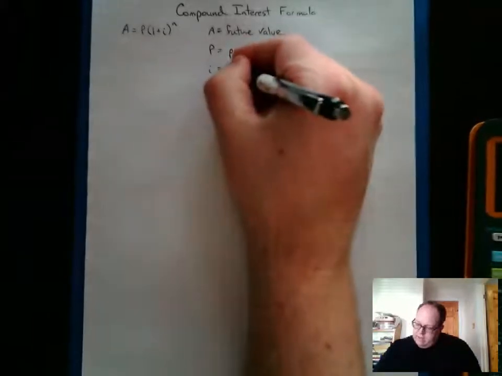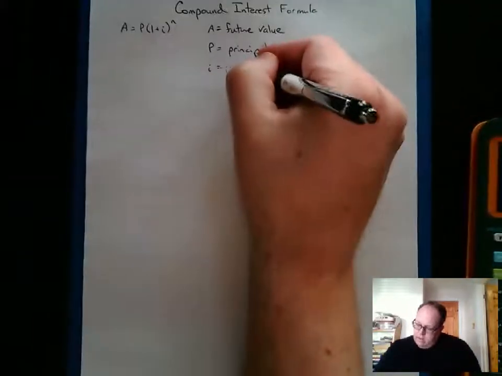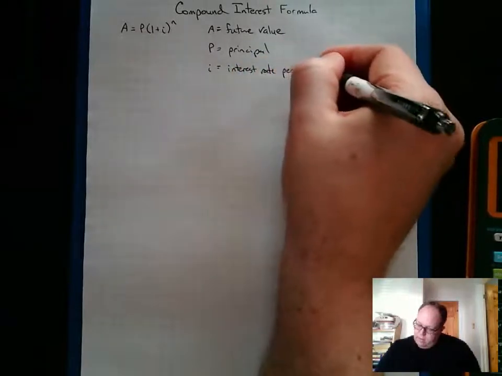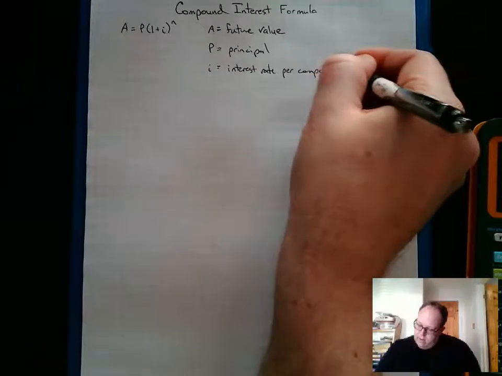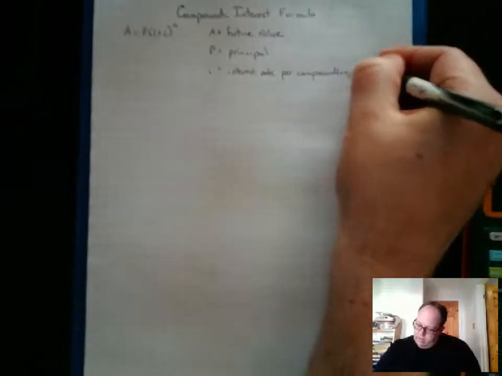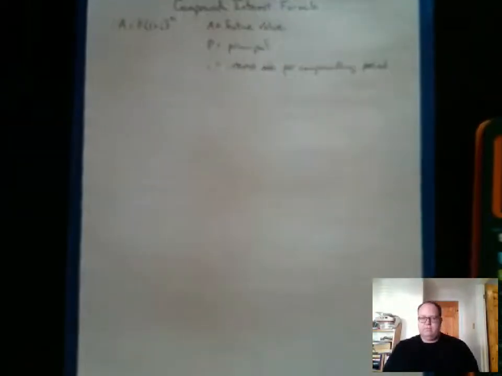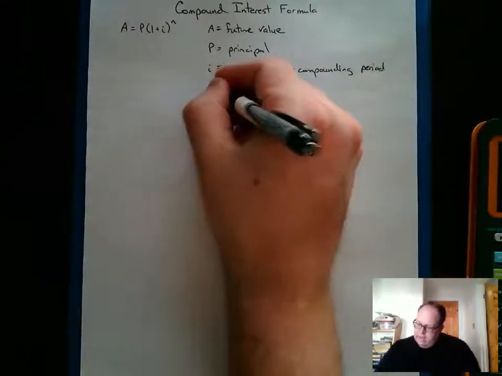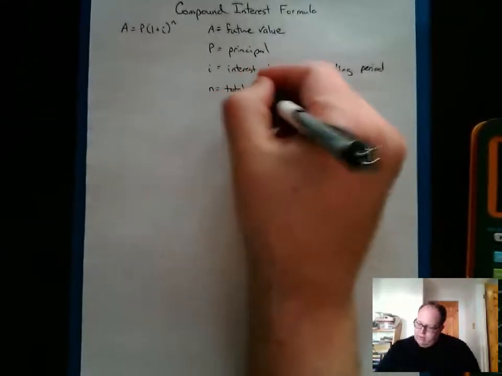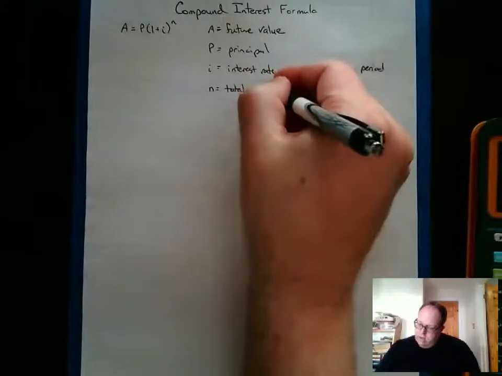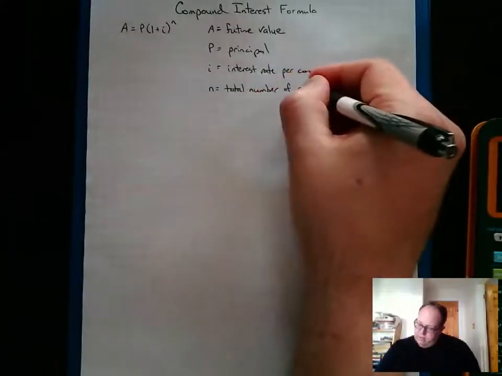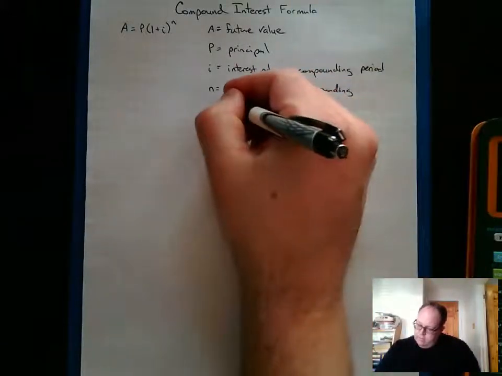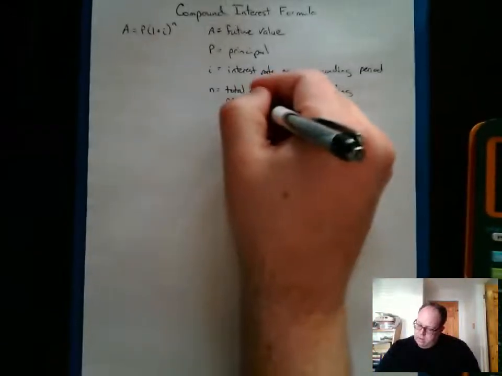I is the interest rate per compounding period, and I'll get more into that in a second. And n is the total number of compounding periods per term.